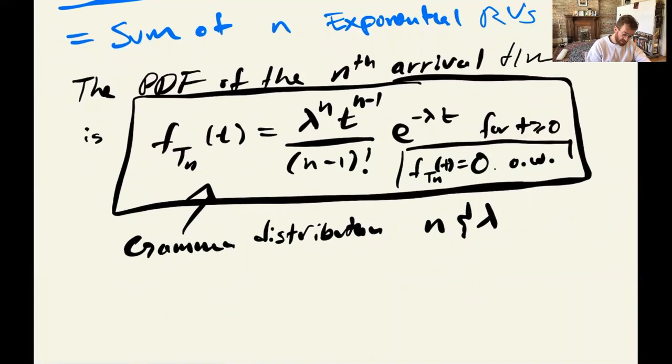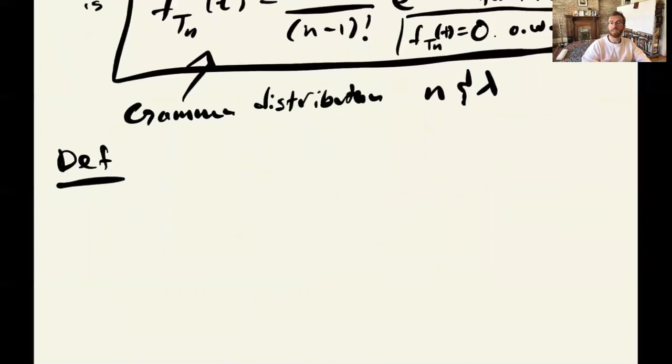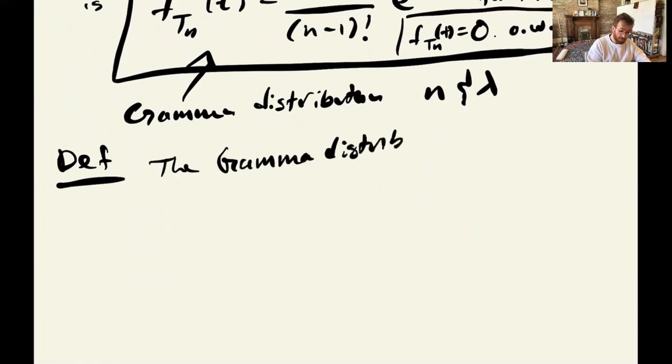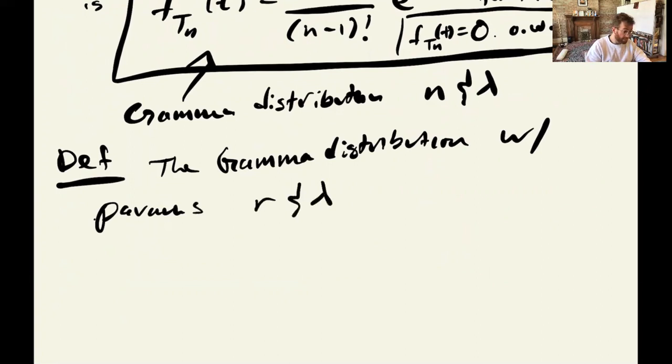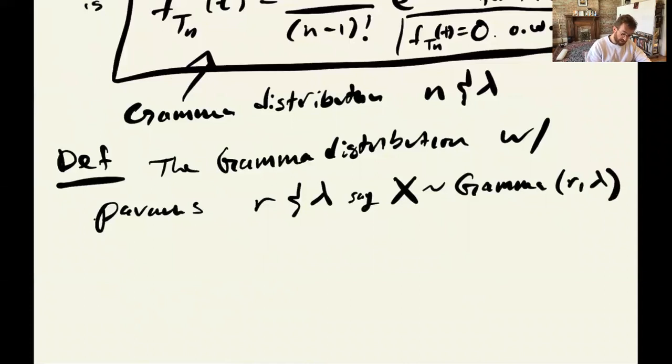And so this is just a definition which I offer, and we won't do much with it, but the bulletin for UAlbany requires that I cover this, so I'm going to. So the gamma distribution with parameters r and lambda, and we write this as, we say x is distributed as gamma r lambda, is the thing which has a PDF that looks like this.